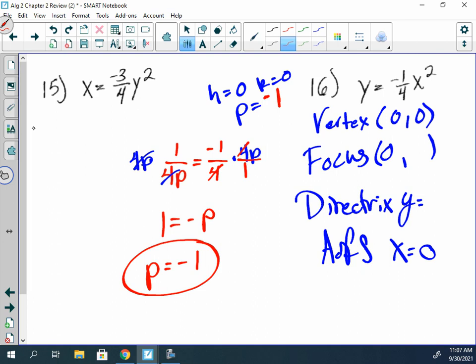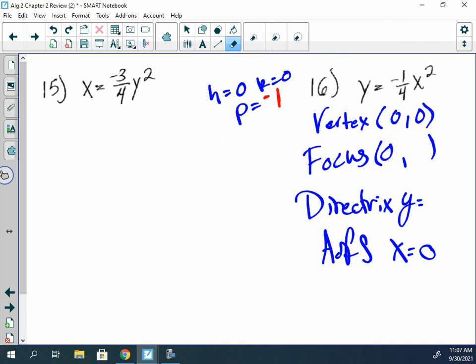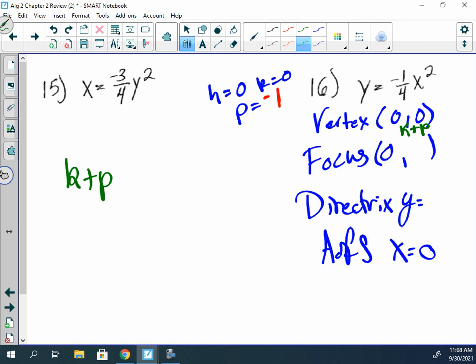Any questions on how we found the value of p? Are we good on this here? So now we just need to plug it in. Now, we know for the focus, this would be k plus p. Well, k is 0.